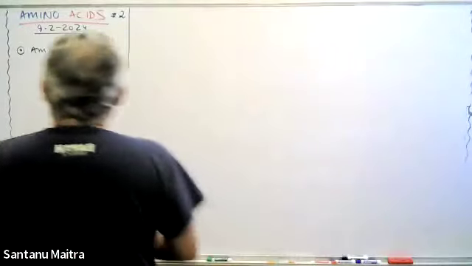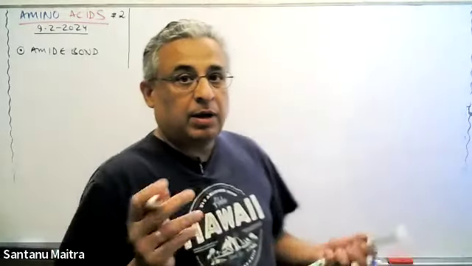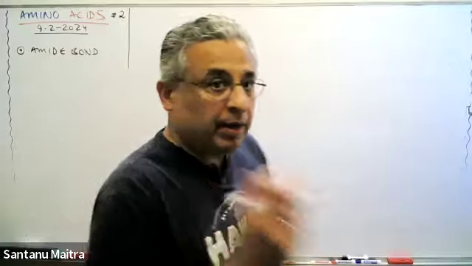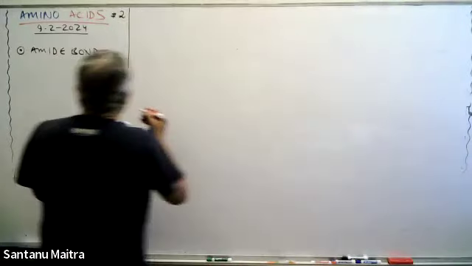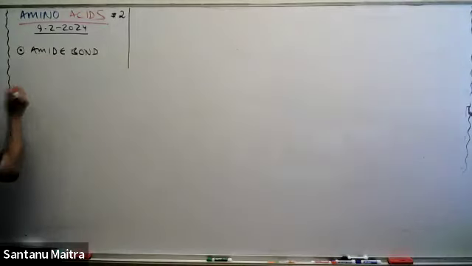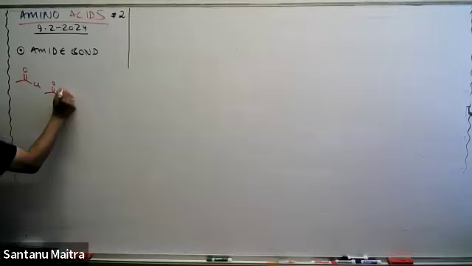Okay. So we're going to talk about amide bond. There has to be a carbonyl compound and there has to be an amine to make that molecule happen. If you remember very quickly, I'm going to draw them here. So the most reactive is acid halide. Then the next guy, if you remember, is anhydride.